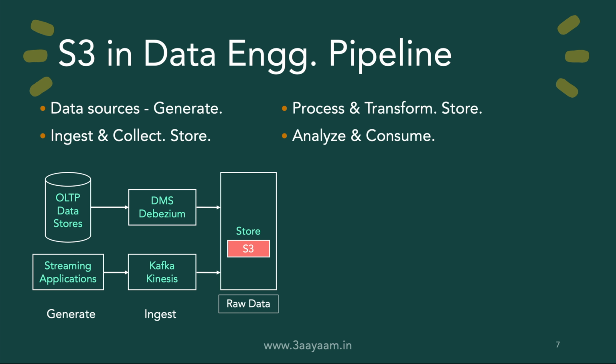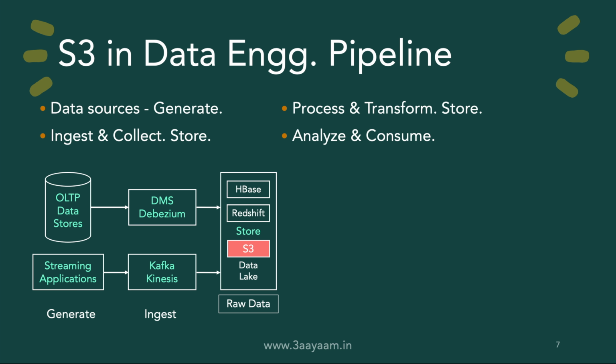Typically this is where S3 is used, and S3 is used as a data lake here because we are storing raw data, and the data can be in any form. It can be CSV, Parquet, JSON, etc. Right, so that's where S3 plays a very important role in raw data capture. So we store raw data in the S3 data lake.